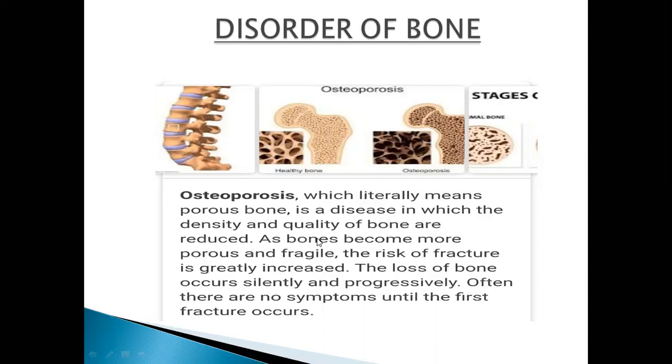In old age, there is decreased secretion of growth hormone, and it also leads to decreased deposition of minerals in the bone matrix. And growth hormone is also responsible, as with age it does not work like that. Hence, it is causing osteoporosis.